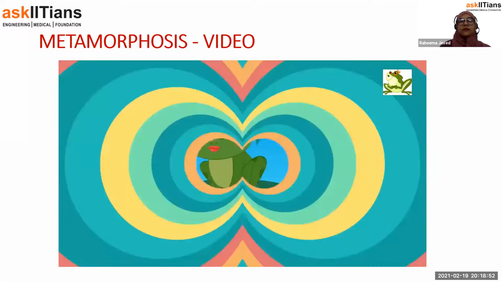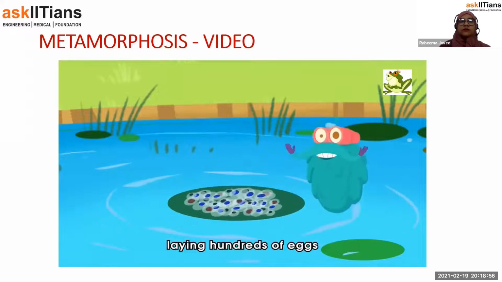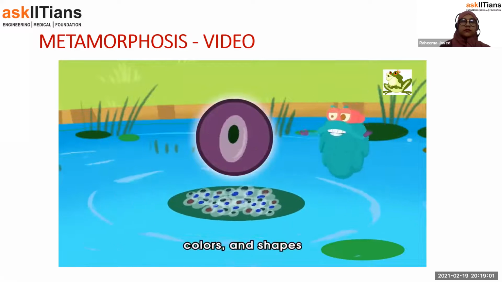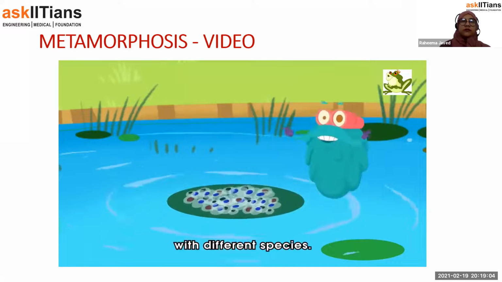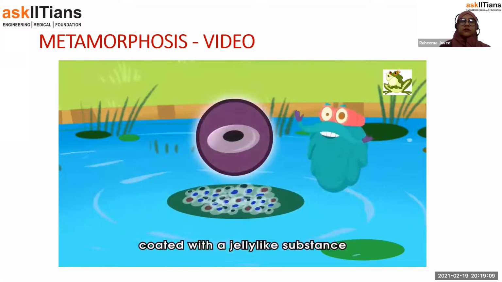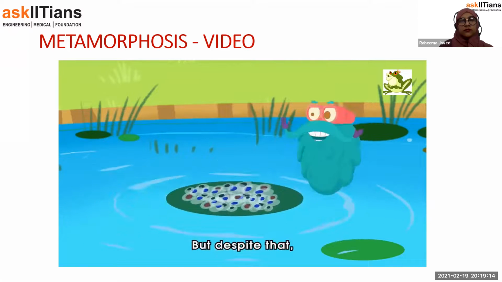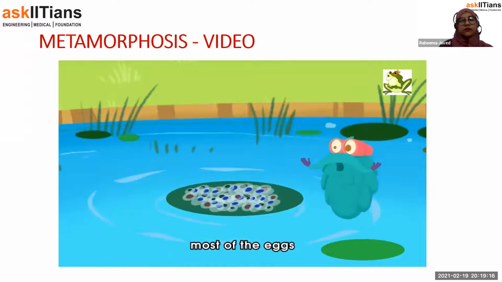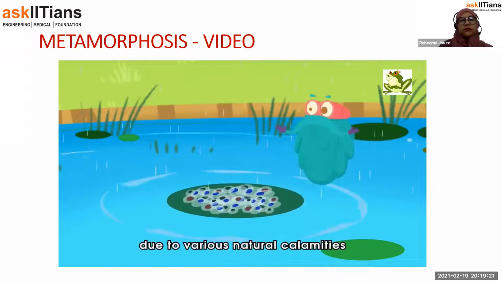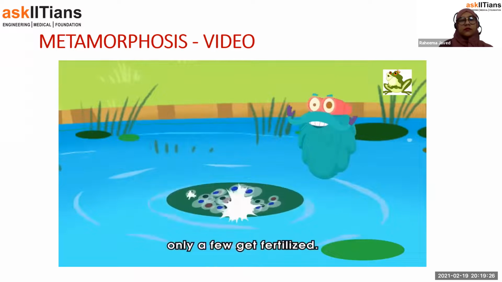Zoom in! It all starts with a female frog laying hundreds of eggs, generally in a pond, that vary in size, colors, and shapes with different species. These eggs float on the surface of the water, coated with a jelly-like substance that acts as a protective layer. But despite that, most of the eggs get destroyed due to various natural calamities like rain and wind, due to which only a few get fertilized.